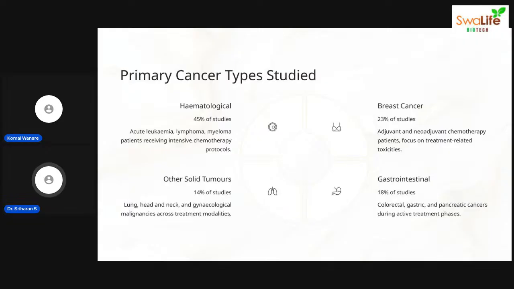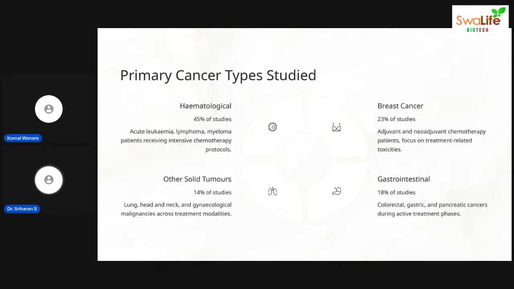So, primary cancer studies: how is the nutraceutical product, wheatgrass, involved in them? Wheatgrass has 45% of studies on hematological malignancies like acute leukemia, lymphoma, and myeloma.